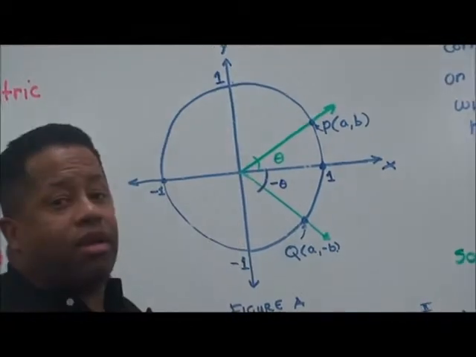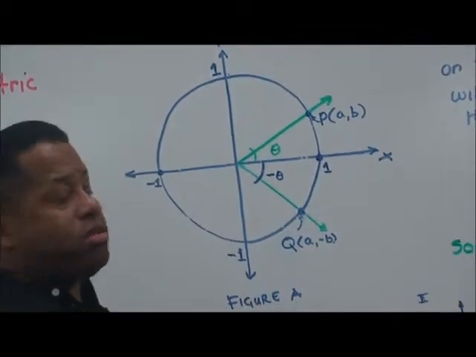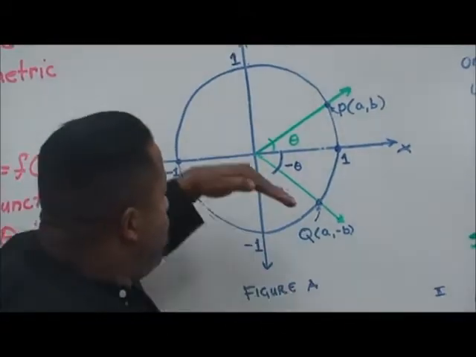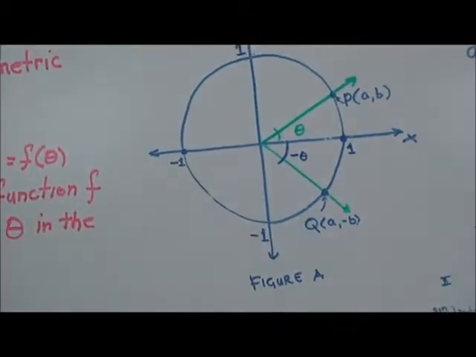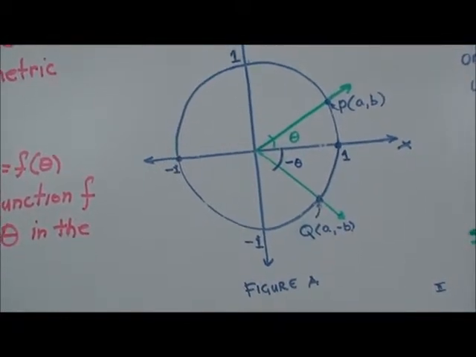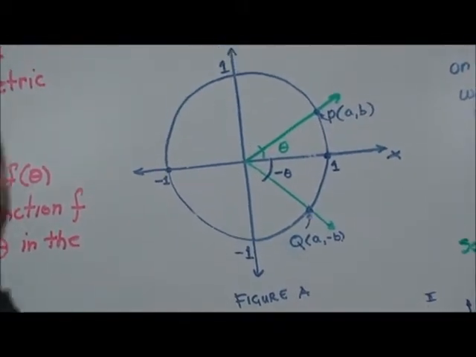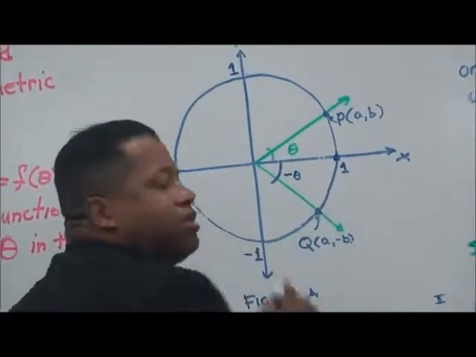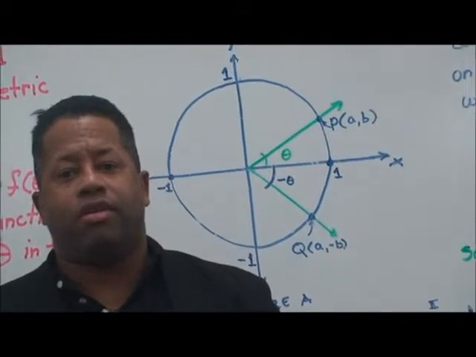Now, for cosine positive 30 degrees, when you go down to here and you have cosine negative 30 degrees, guess what? You're still going to end up with cosine being positive, because cosine is also positive in the fourth quadrant.